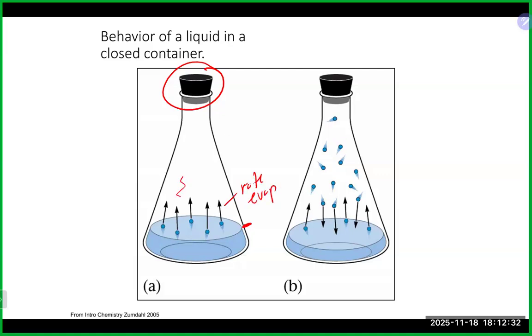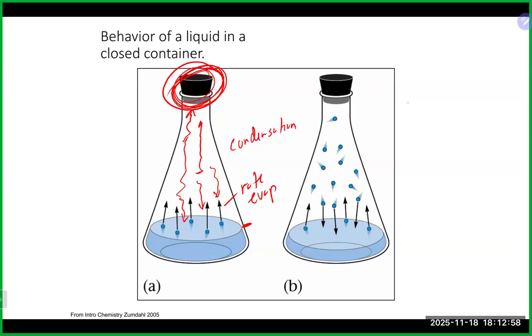So you're going to have all these guys evaporating. The deal, though, is unlike an open container, it's got nowhere to go, basically, right? So you got nowhere for these guys to go. So eventually they're going to work their way back down and back into the liquid layer. And you're eventually going to get some guys starting to go through condensation, dropping back into the liquid phase.